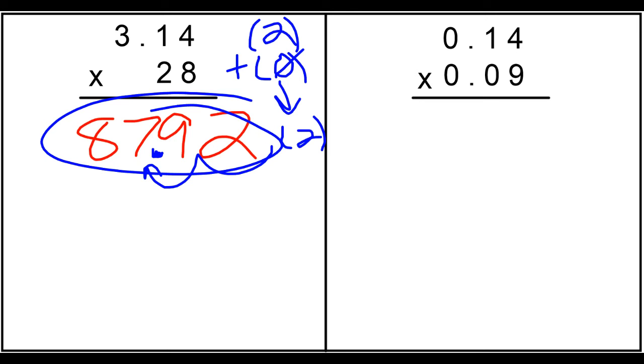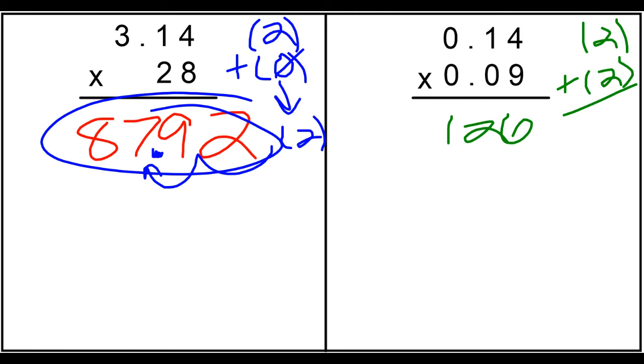For the problem on the right, 0.14 times 0.09, that product gives us 126 from left to right. And there are 2 decimal places in the first factor, 2 decimal places in the second factor, so therefore we have 4 decimal places total in the product. And so we need to move from left to right over 4 places.